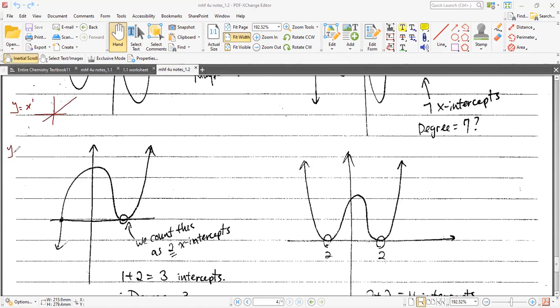But if the degree is 2, like x power 2, the zero or x-intercept is turning. So this is a double zero. That's why we count the pass-through as 1, and now the turning one is like x power 2, so we count it twice. So 1 plus 2 is 3.